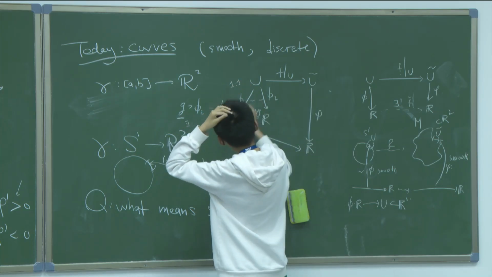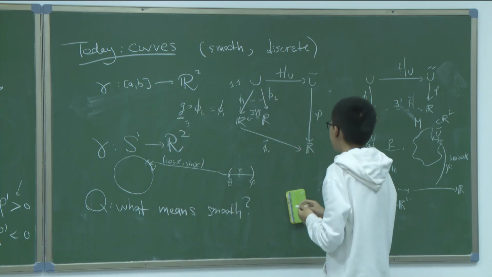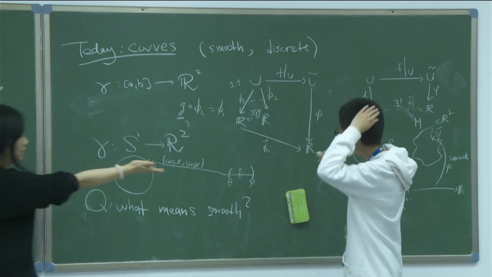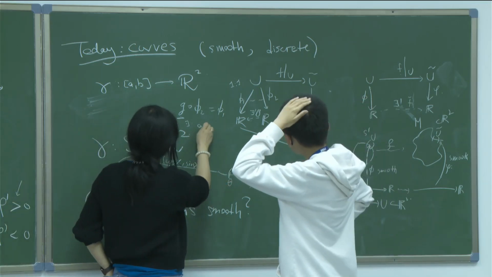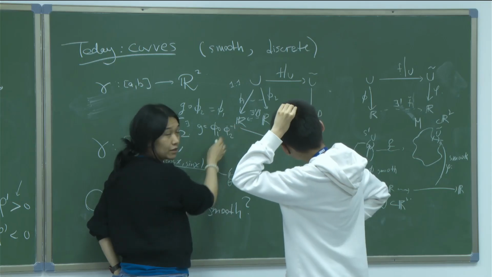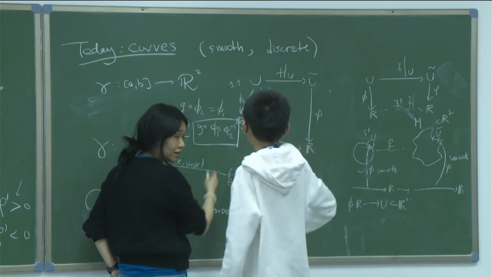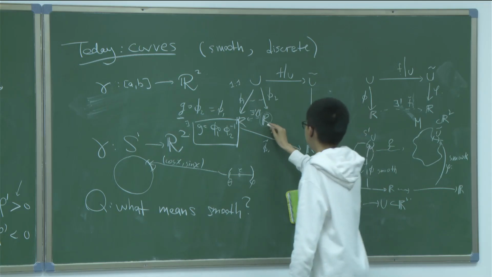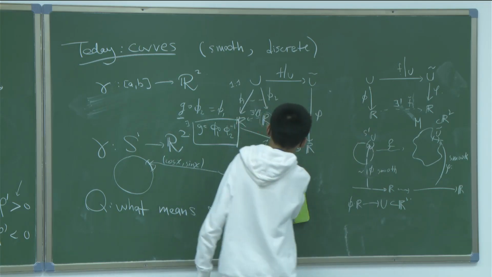And because they are smooth, G is smooth also. G is basically something like phi 1, phi 2 inverse, right? That's right. Okay. So in this case we will give another mapping of this.